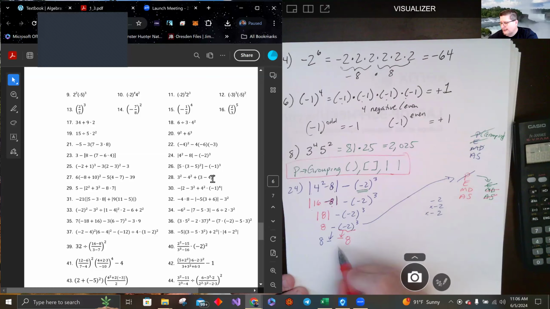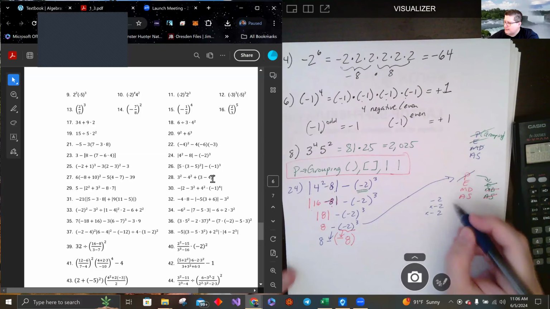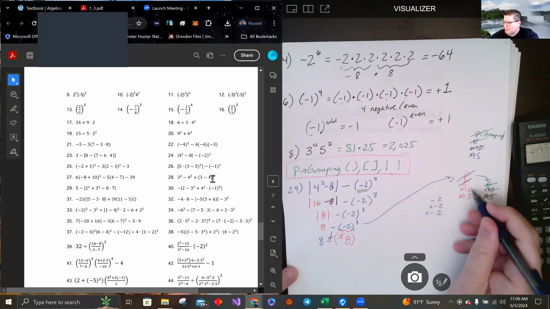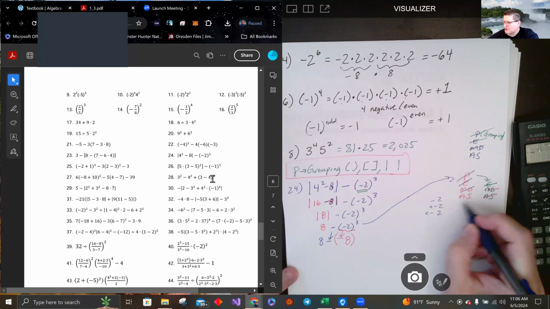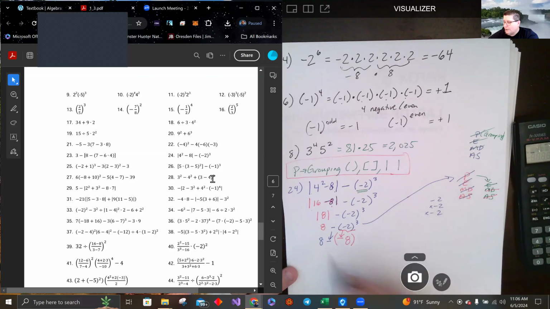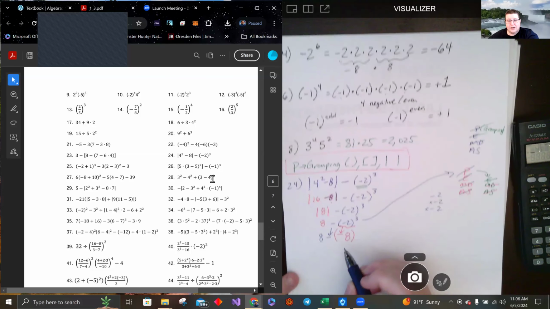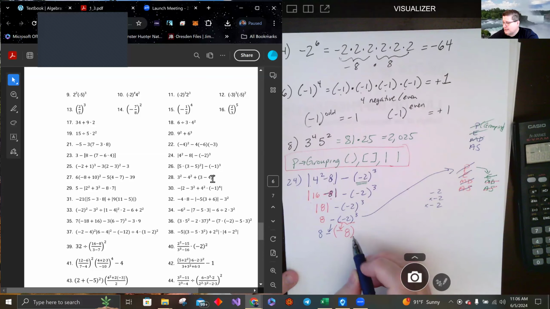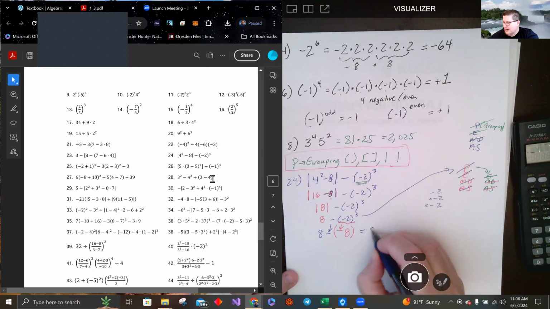So you can write it like this, or you might do that to make it clear that they're different. My exponent step is done. I don't have any multiplication or division, and addition or subtraction, let's do that. We talked about the subtraction of an opposite turns into addition. This is 8 plus 8, which is 16.